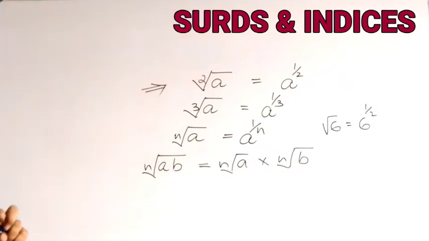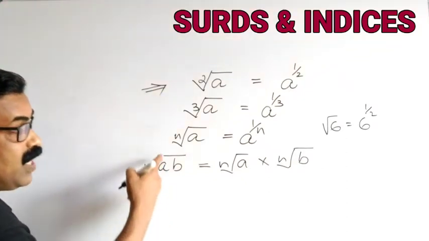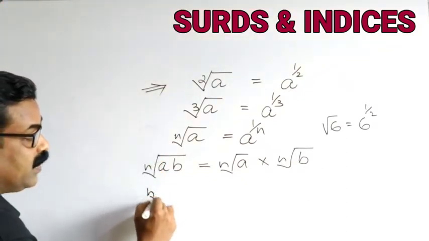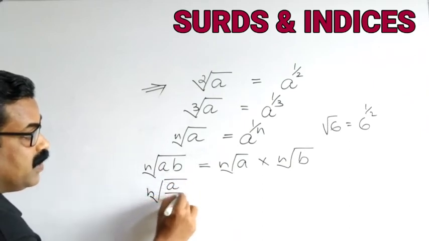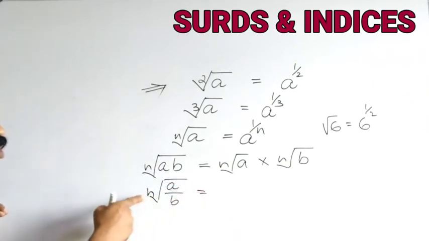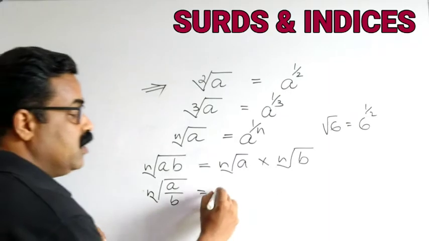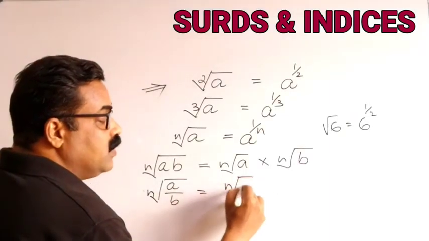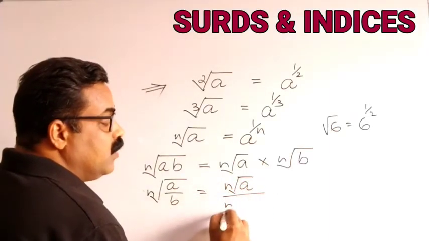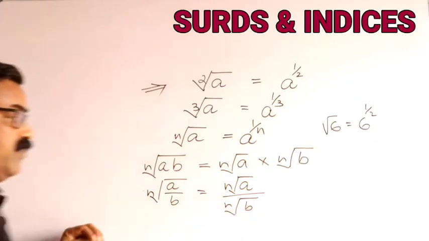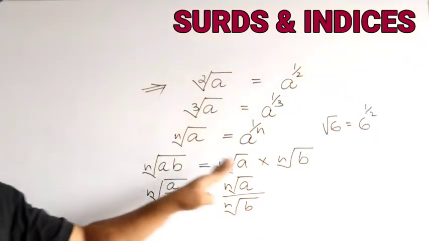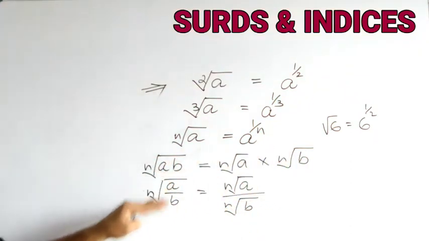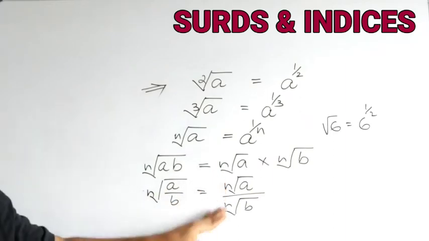And next is nth root of a by b. Here we had multiplication; now we take division. This n is common for both a and b, so you can write nth root of a divided by nth root of b. So if it is in multiplication, you can split it in multiplication. If it is in division, you can split it in division.